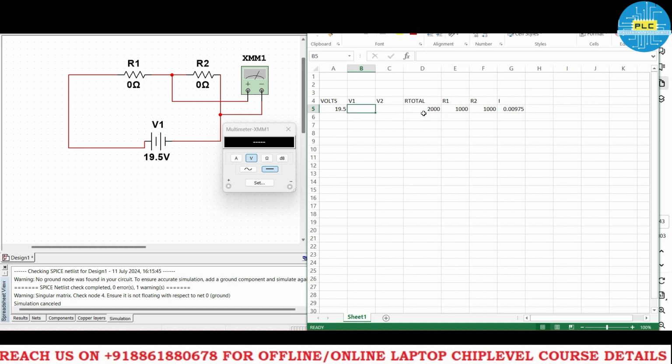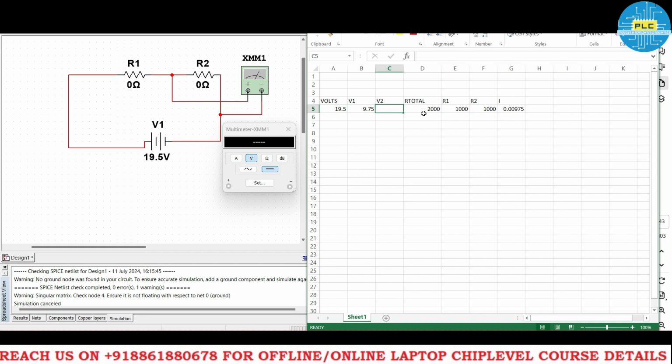Now we can easily check V1 and V2: V1 across R1 and V2 across R2. How? V1 is equal to I into R1. In case of V2, V2 is equal to I into R2. Now we apply the formula. See, I, this one, into R1. Correct. So what voltage has come? 9.75.